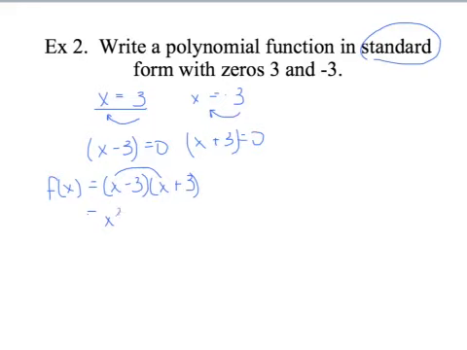We get x squared plus 3x minus 3x minus 9. Now you may notice that the two binomials are actually conjugates of each other. And when you have conjugates, the inner and outer terms always add up to 0. So my original function is going to be f of x equals x squared minus 9.